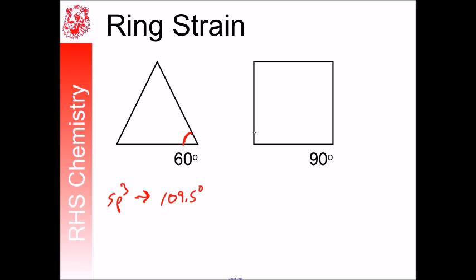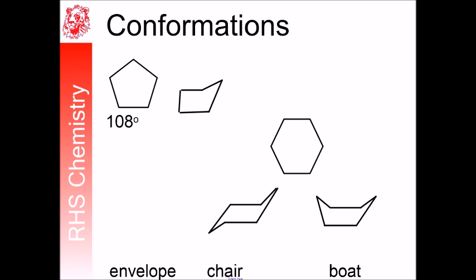If we look at cyclobutane, we're looking at 90 degree angles, and so it's a little bit more stable because it's a little closer to 109.5, but it still has significant ring strain. And again, this doesn't last very long as well. Now, if we look at cyclopentane, we have a better situation because the bond angles for cyclopentane want to be 108 degrees, which is very close to the 109.5, and that's even if it's just a flat two-dimensional surface.